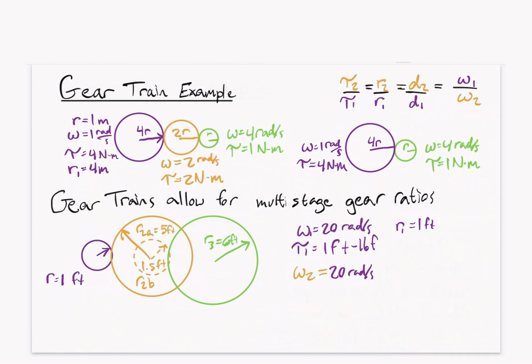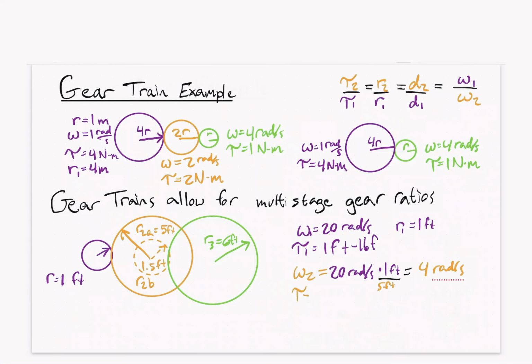And omega 2 would be equal to omega 1 times R1 divided by R2. And so let's go through, and we'll say that this is times that initial 1 foot. And we'll divide it by our 5 feet, because that's the radius of the gear that's interacting with that pinion. And we get 4 radians per second.